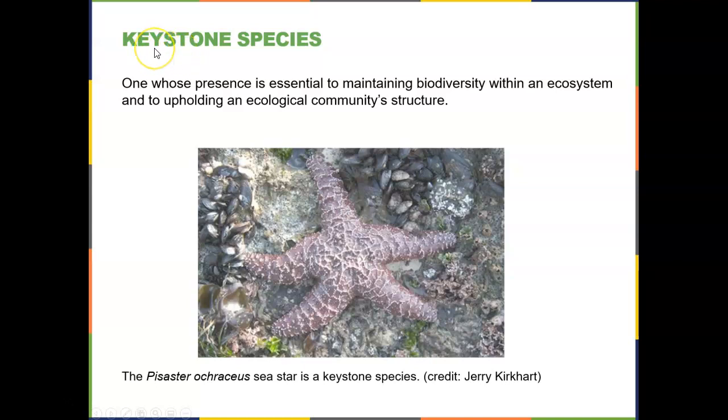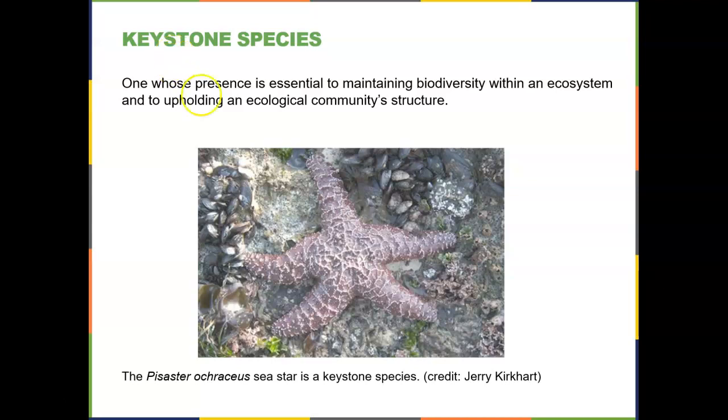We then also have what are called keystone species. Keystone species keep the growth numbers of the other organisms in check. They're often a secondary predator within a particular ecosystem, so they make sure that the numbers of the primary consumers do not go out of control.